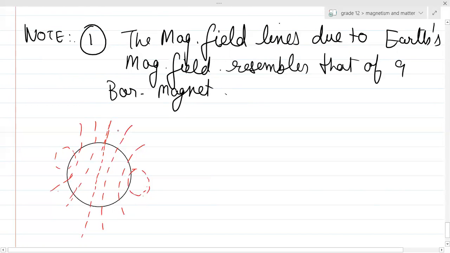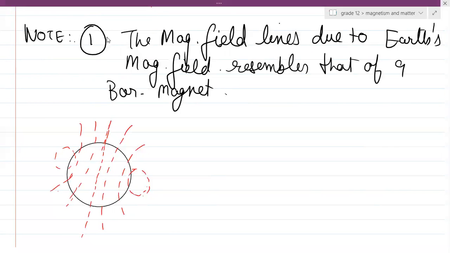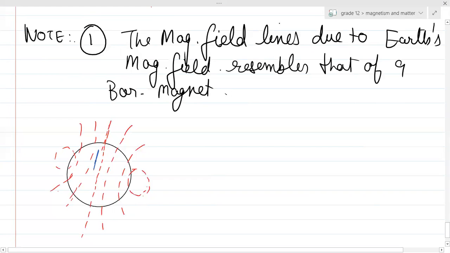It somewhat looked like that of a bar magnet. So people assumed, अच्छा, शायद there is a bar magnet over there. Okay, and this bar magnet has a south over here and north over here. Why south north? We'll discuss in the next one. Okay, is this clear, guys? First point clear?